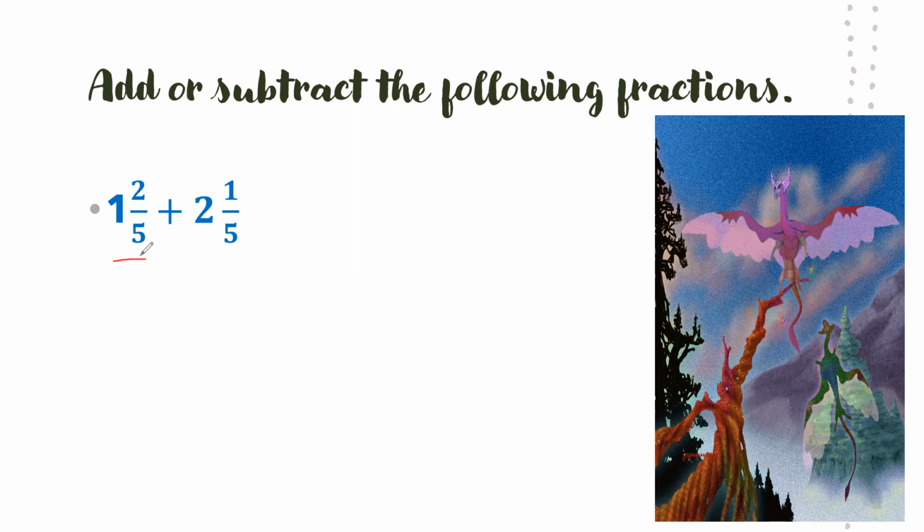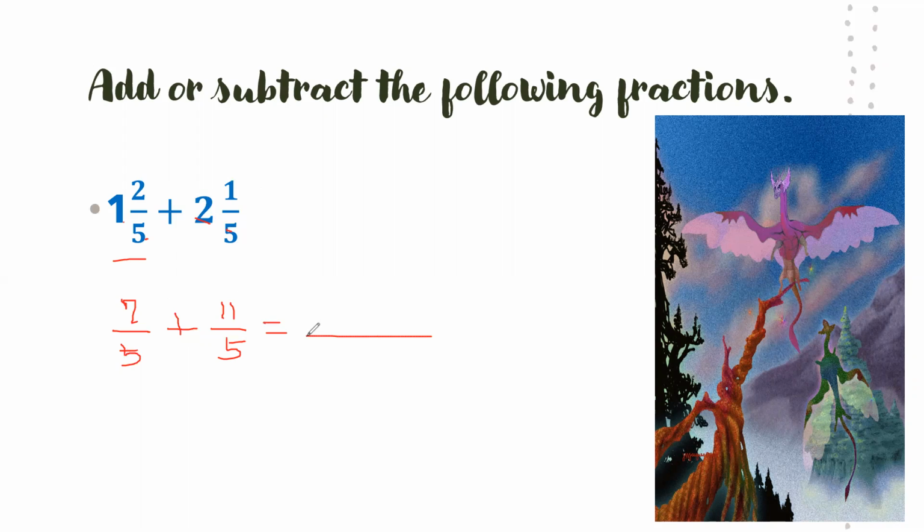So 1 and 2/5 to improper is equal to 7 over 5, plus 2 and 1/5 to improper fraction is 11 over 5. So how do we do that? Simply multiply 5 and 1, which is 5, plus 2 is 7. Then copy 5. For 2 and 1/5 to 11 over 5, multiply 2 times 5, that is equal to 10 plus 1, 11 over 5.